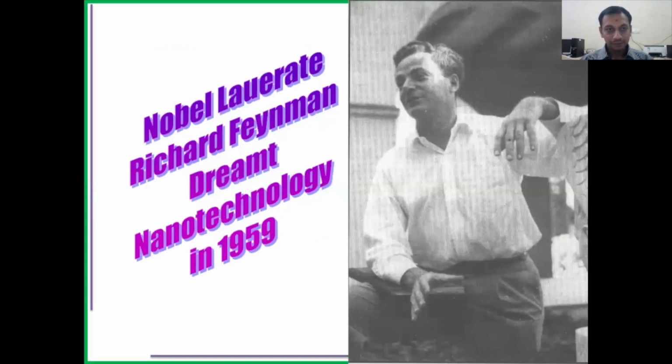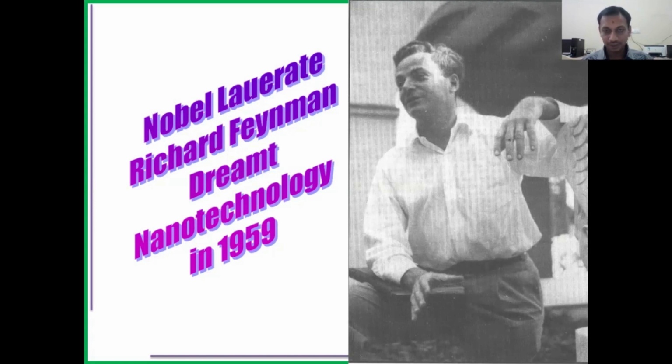Richard Feynman, Nobel laureate, dreamed of nanotechnology in 1959. There was an annual meeting of physicists in America, and at that time he gave the statement that there is plenty of room at the bottom. At the bottom means, in structural language, atomic structure. So there is plenty of room at the bottom.